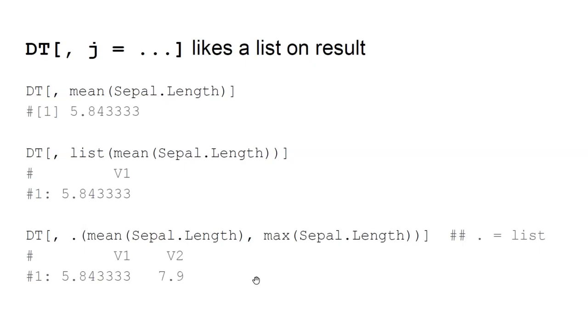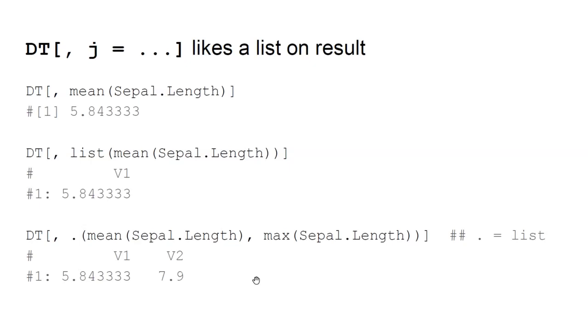Now the second argument to the square bracket method. At the start, maybe I will mention that it's usually expected to get a data table as the return from our operation.